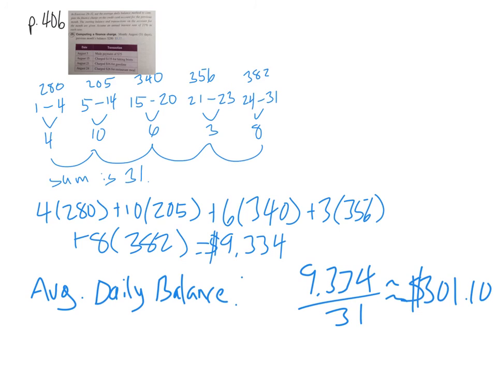So now we're going to calculate the finance charge. And lastly here, we want to put this all together with an I equals PRT, where P is that average daily balance, 301.10. R is our annual interest rate of 0.21.